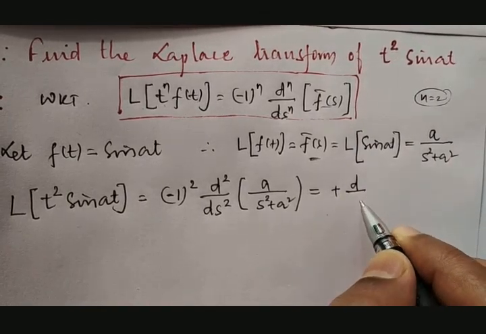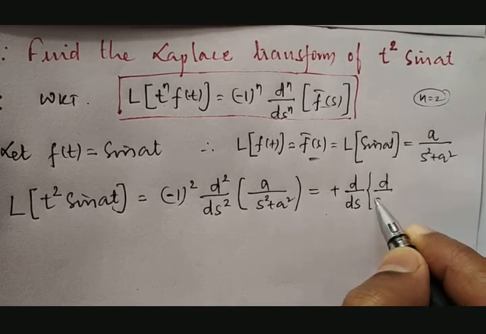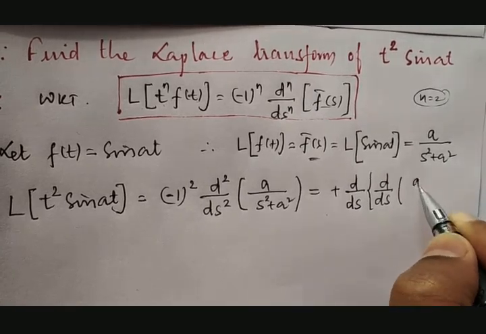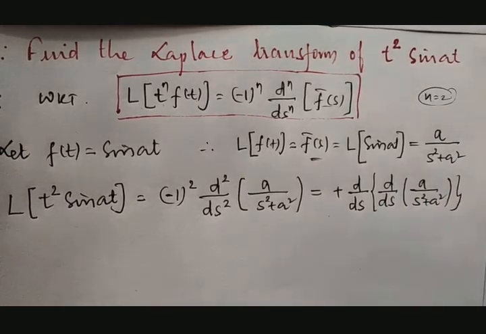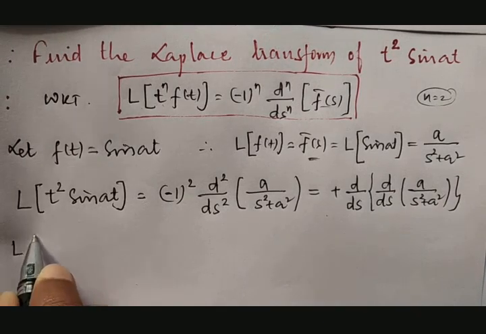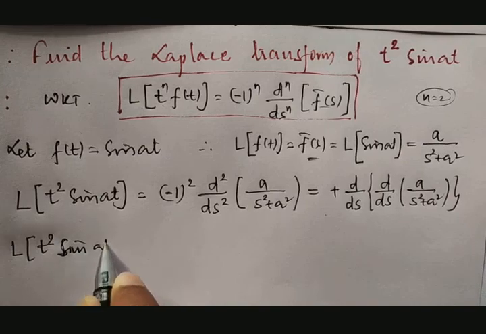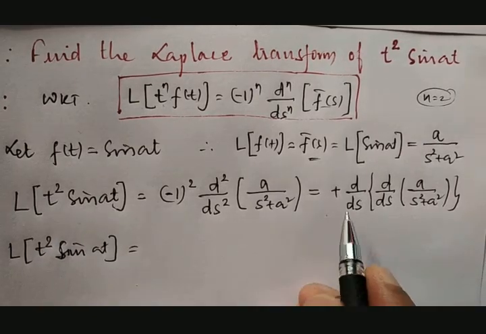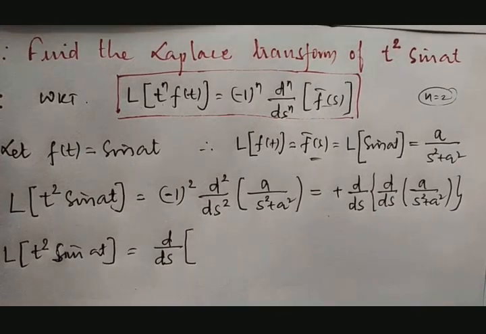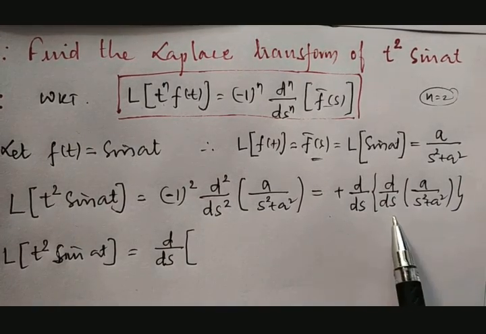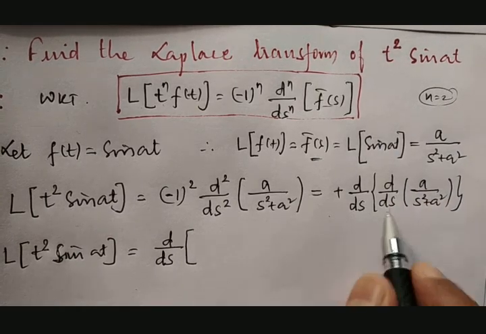So d square by ds square is written as d by ds of d by ds of a divided by s square plus a square. The outer d by ds will be kept as it is and differentiated further, but right now I'll differentiate f bar of s with respect to s once inside the bracket.